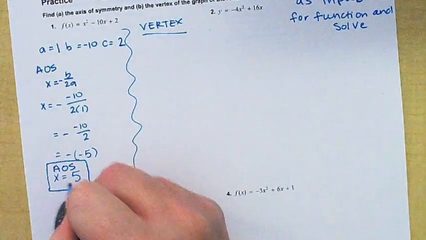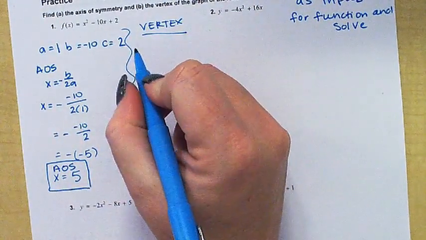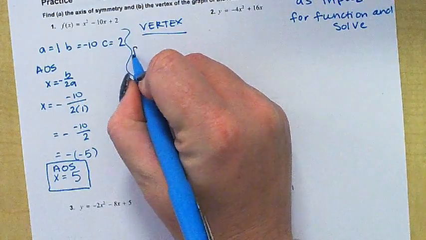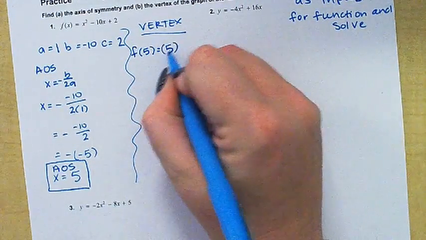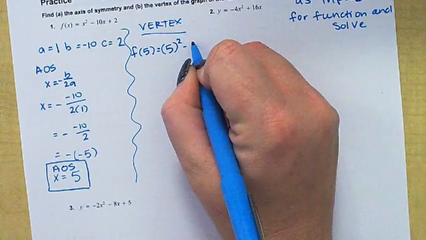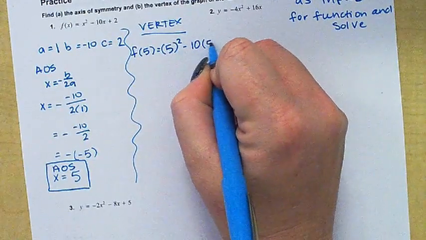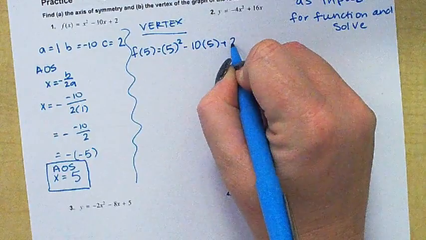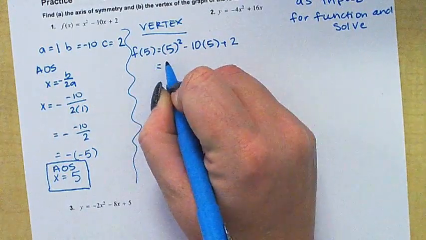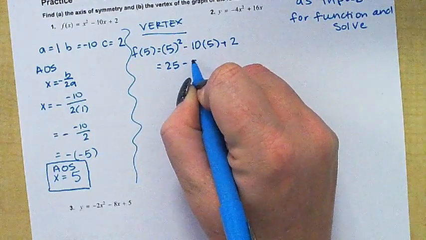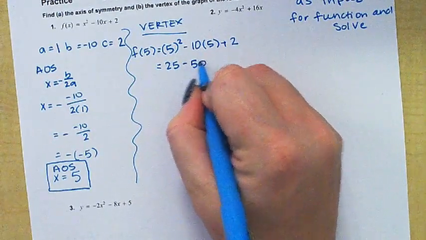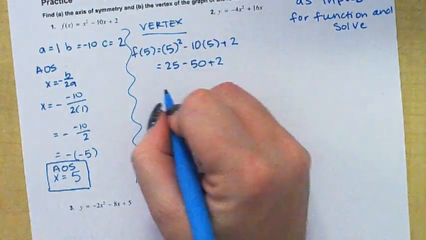I'm going to put that x equals 5, and I'm going to put it back in my function. So f of x equals 5 squared minus 10 times 5 plus 2. That's going to give us 25 minus 50 plus 2.